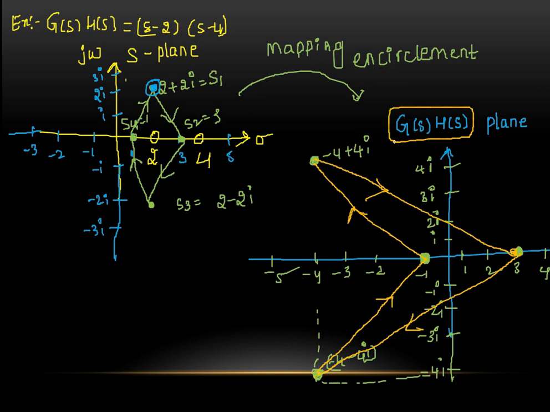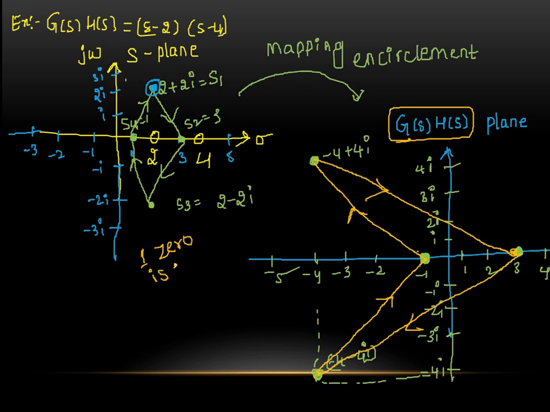So here we are taking one enclosed path in clockwise direction, and after the mapping we are getting one encirclement about the origin. Here one zero is enclosed in the s plane.